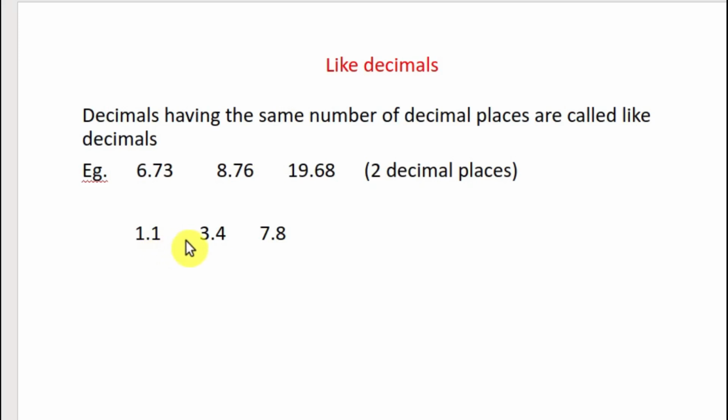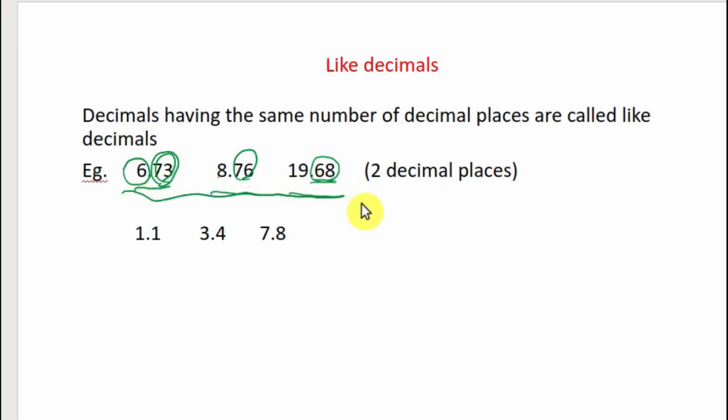Next, decimals having the same number of decimal places are called like decimals. Here, 6.73, 8.76, 19.68. This is the whole part, this is the decimal part. Here in the decimal part, there are two decimal places in each.